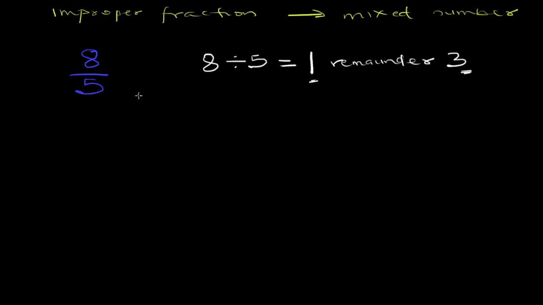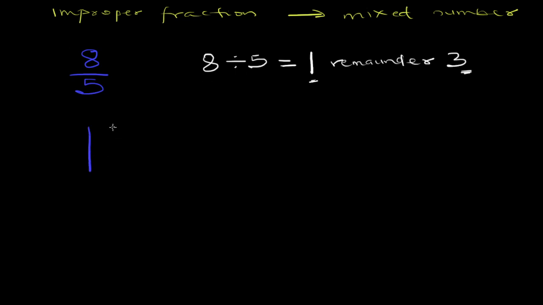So how are we going to change this one to a mixed number? Remember, we said 5 goes into 8 once. So when you divide, whatever you get, that is what you're going to write as a whole number. I was trying to change the colors back. All right. So when we divide 8 by 5, we get 1.